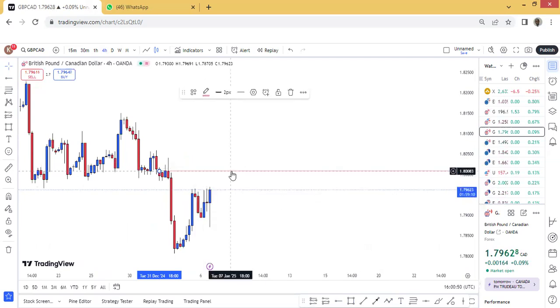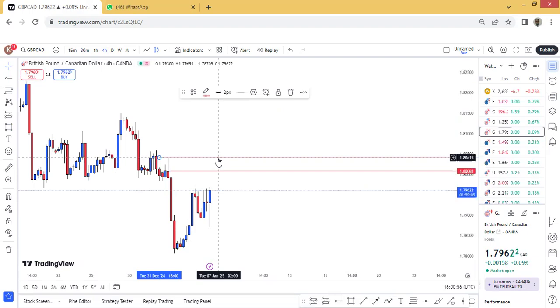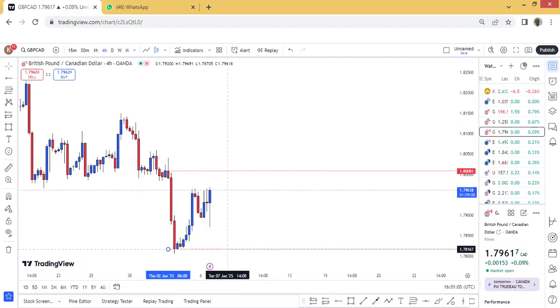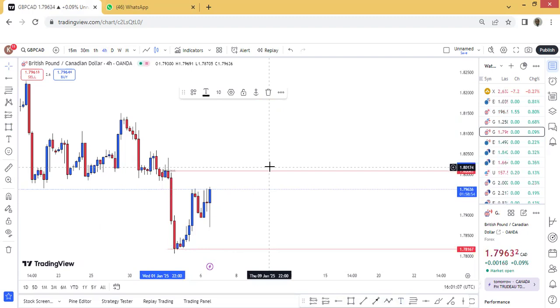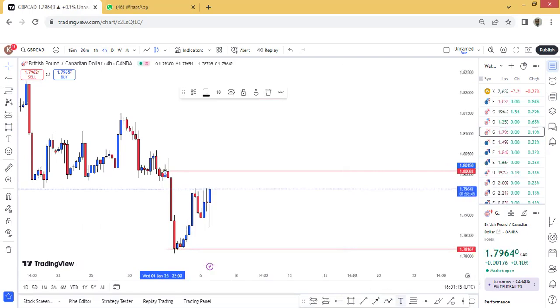We clone it. And then, so we have our lower high and our lower low. I always want my charts to be very clean.